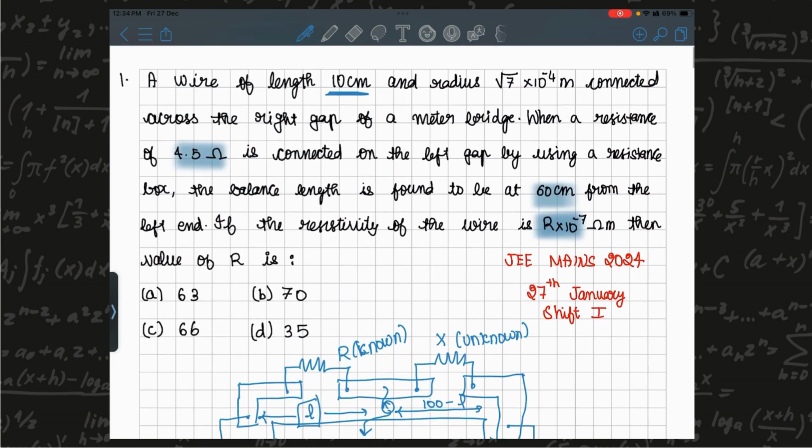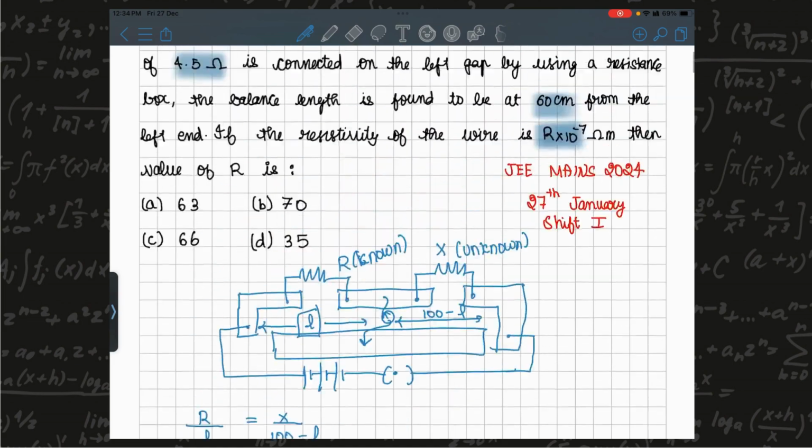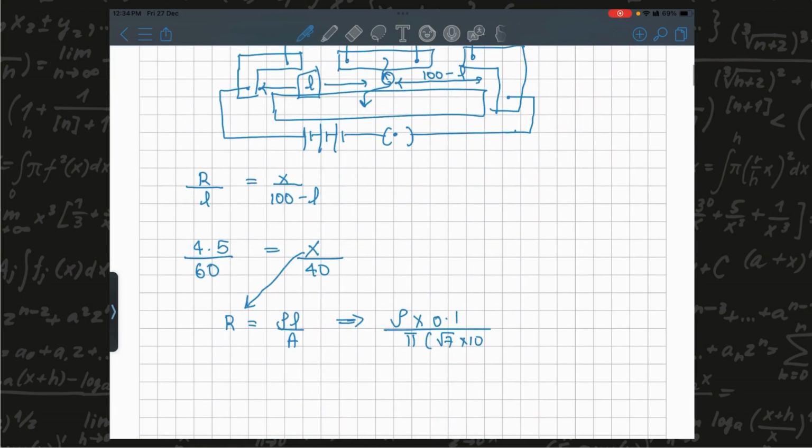We have been given the radius to be root 7 into 10 to the power minus 4 meters. So A is nothing but pi r squared. So pi into r, radius is root 7 into 10 to the power minus 4, yes it's minus 4, squared. So you get rho into 0.1 divided by pi into 7 into 10 to the power minus 8.